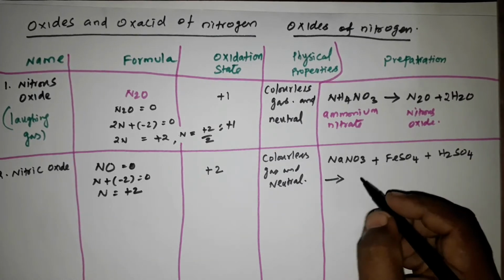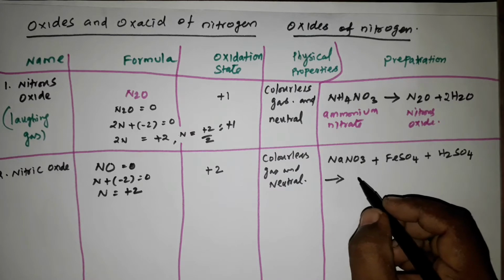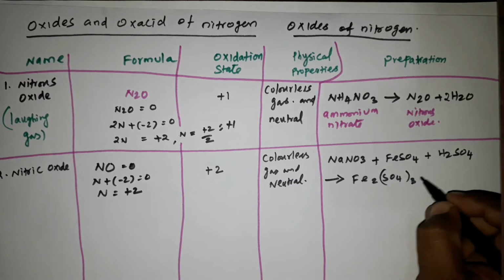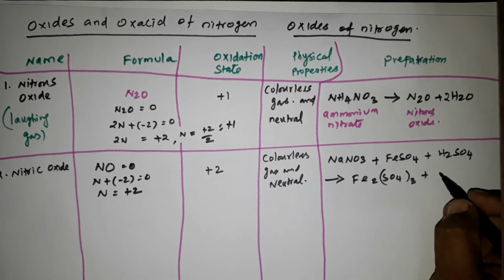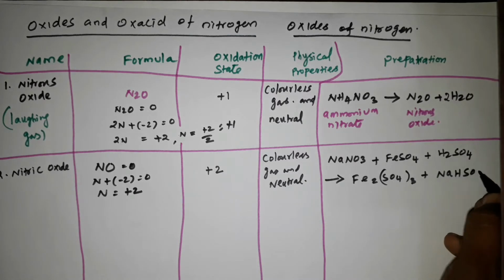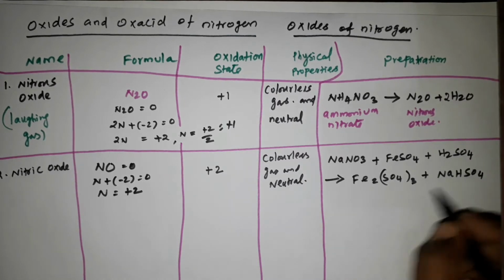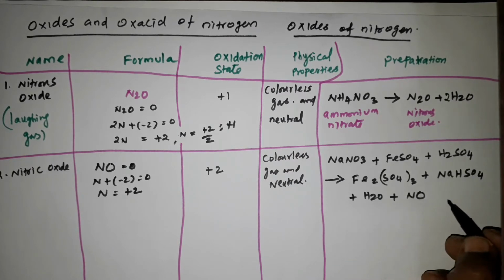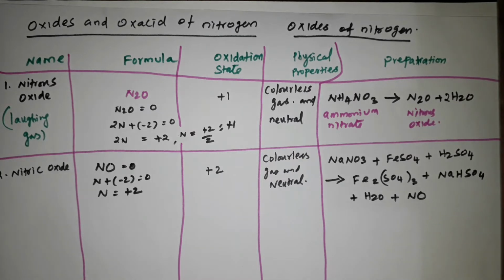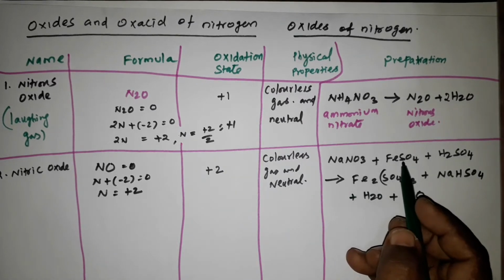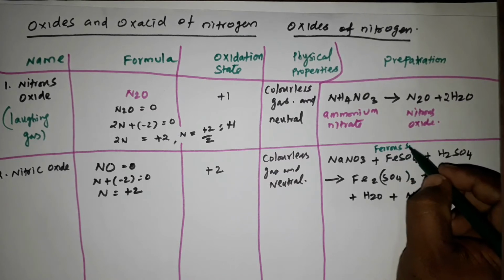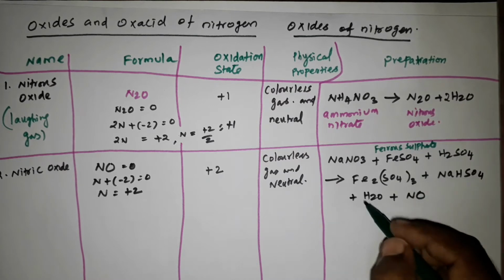Then the products will be ferric sulfate Fe2(SO4)3 plus sodium bisulfate, NaHSO4, plus H2O plus nitric oxide. See here, sodium nitrate, ferrous sulfate. SO4 means sulfate. Then we will get ferric sulfate.